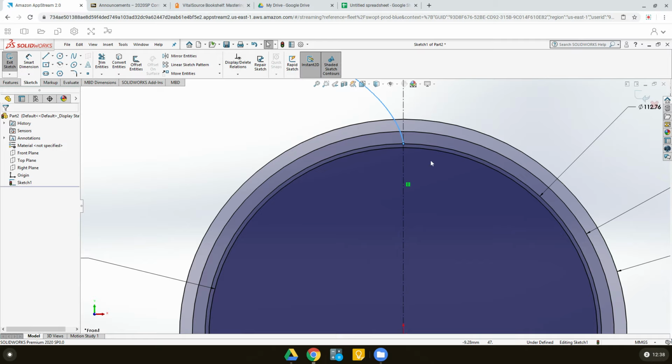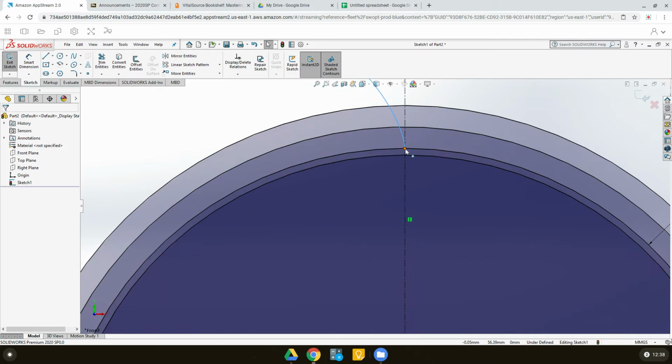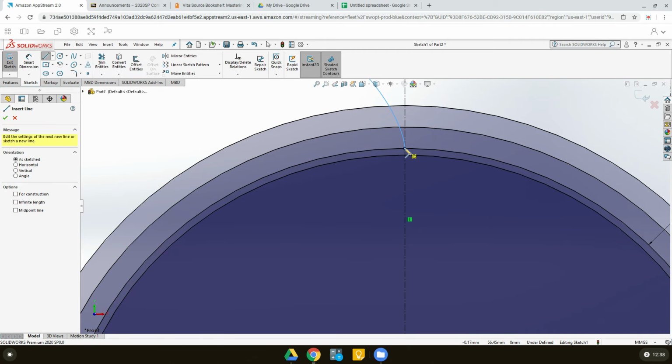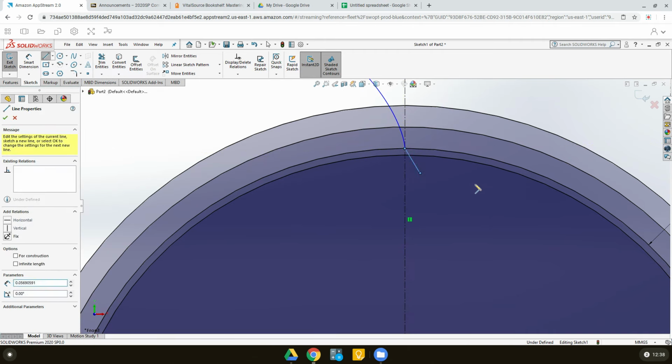Now, you can see it starts with the base circle. So the next thing we need to do is create the profile of the tooth below the base circle. It can be anything. So I'm going to make it a line here, just draw a line.